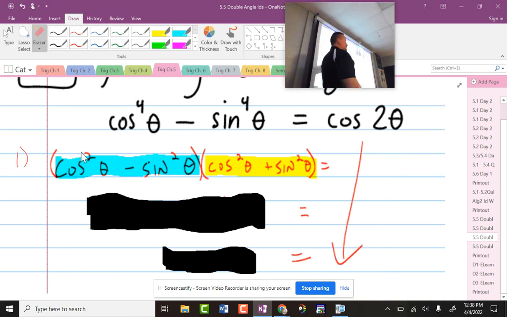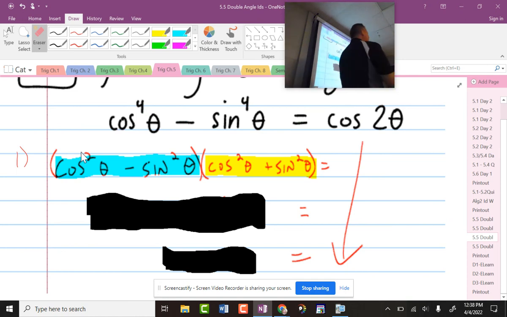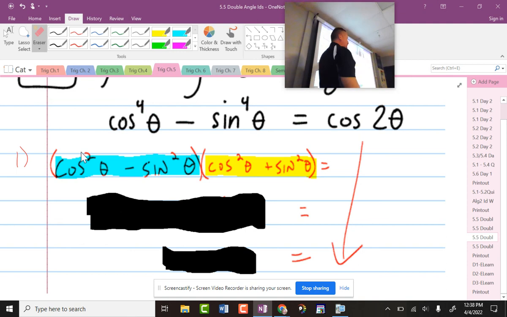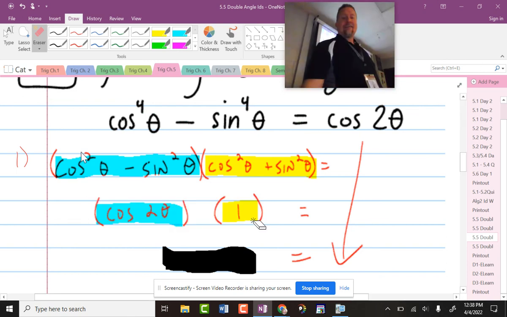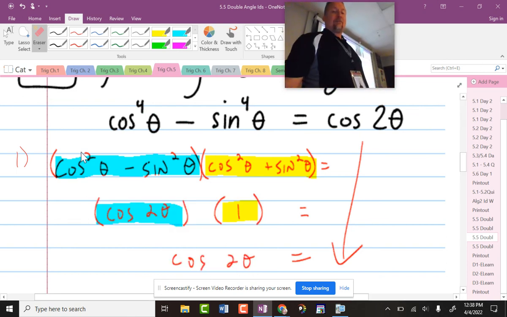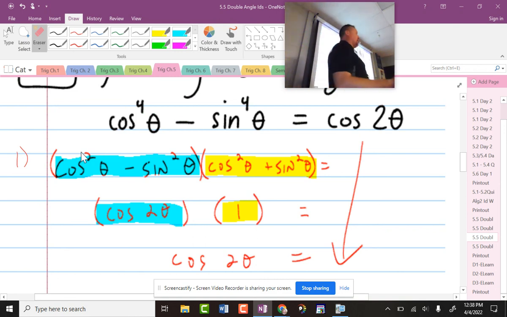What does this equal? Look at your formula sheet. What does the blue equal? Cosine. Look at the right side. 2 theta. And then I really don't know if you have to write the next step because 1 times anything is the thing.